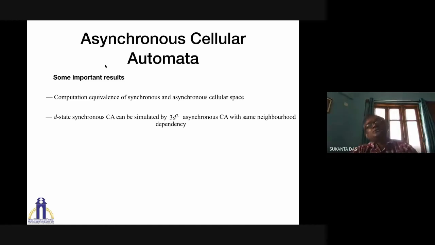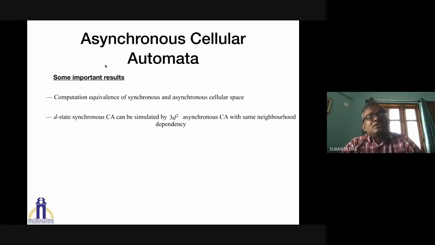These two results are in the same paper. So a D-state synchronous CA can be simulated by a 3D-square state asynchronous CA with the same neighborhood dependency. I am not extending the neighborhood dependency, and the dimension is also the same.